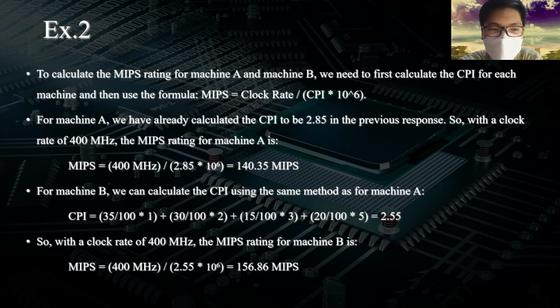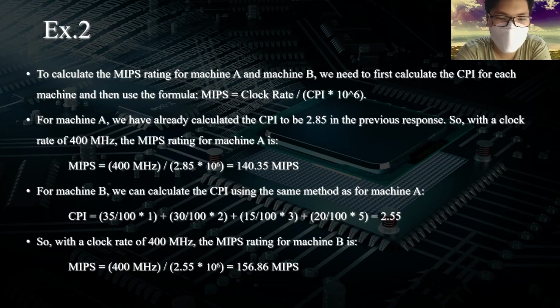So with a clock rate of 400 MHz, the MIPS rating for machine A is 140.35 MIPS.